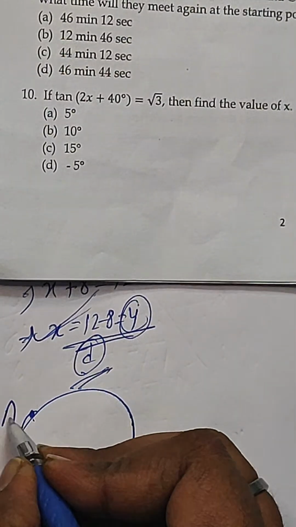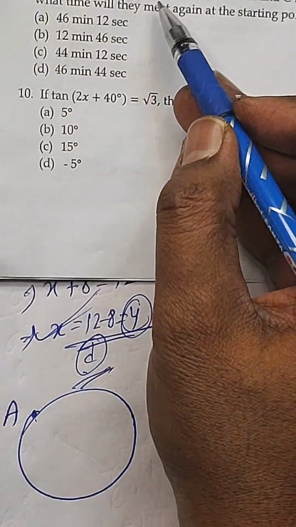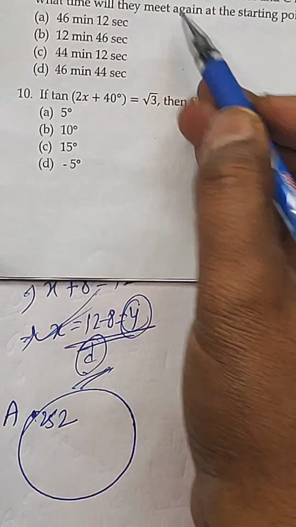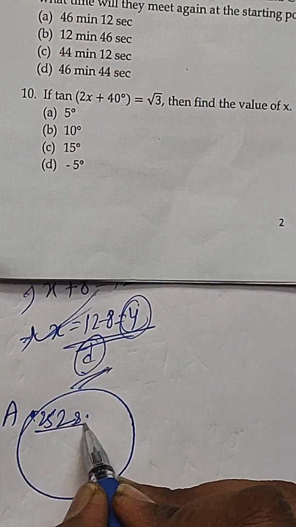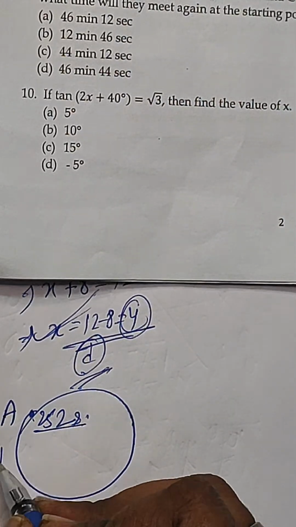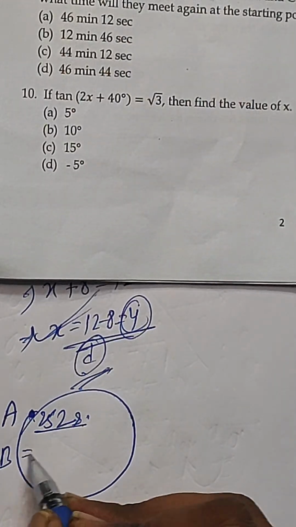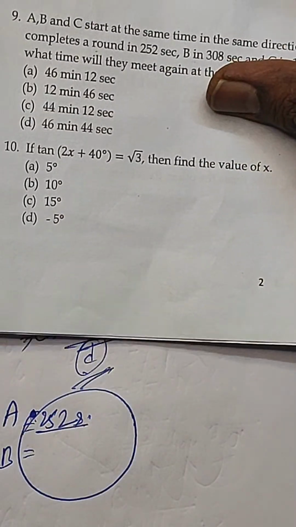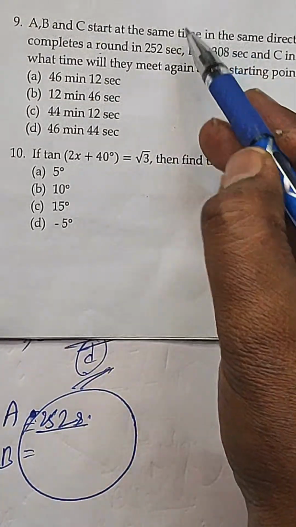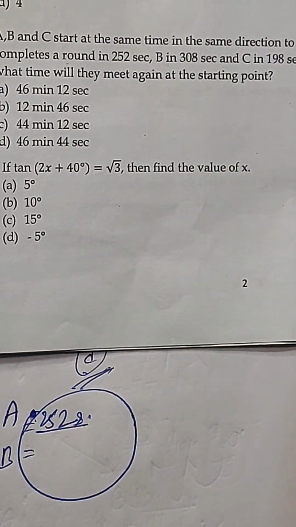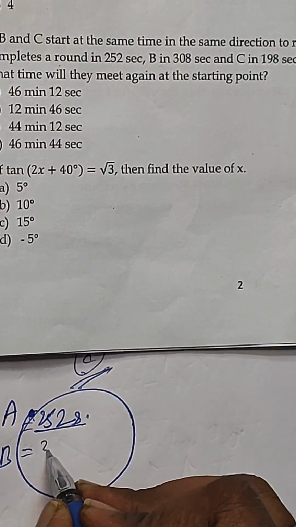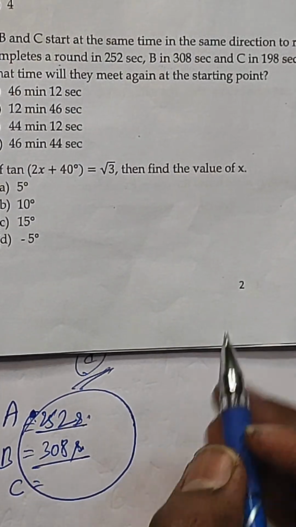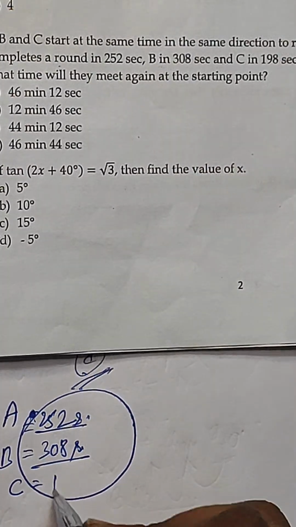A completes the round in 252 seconds, B completes the same round in 308 seconds, and C completes the same in 198.